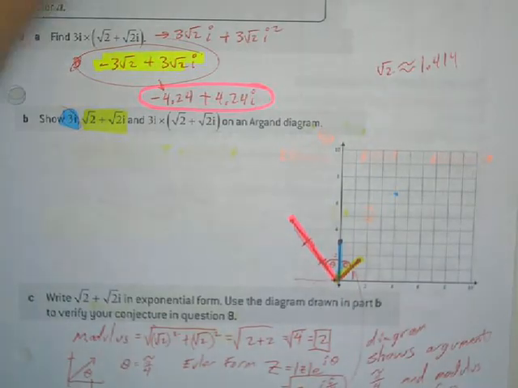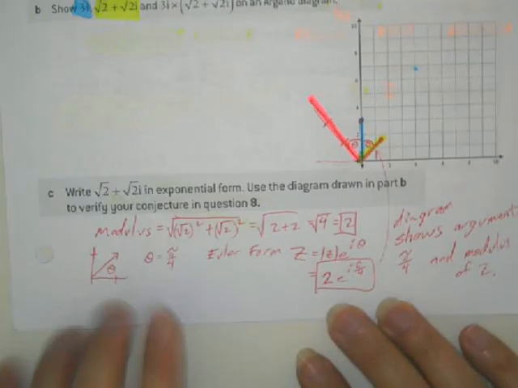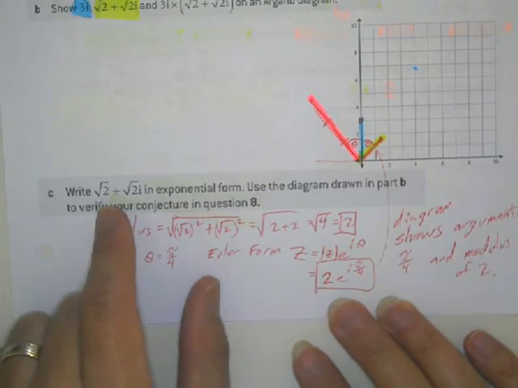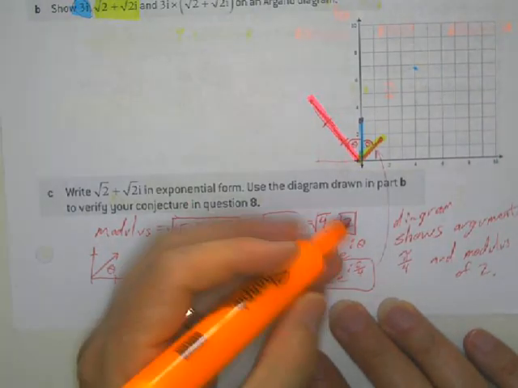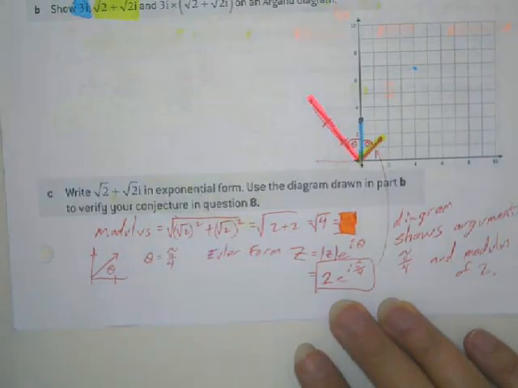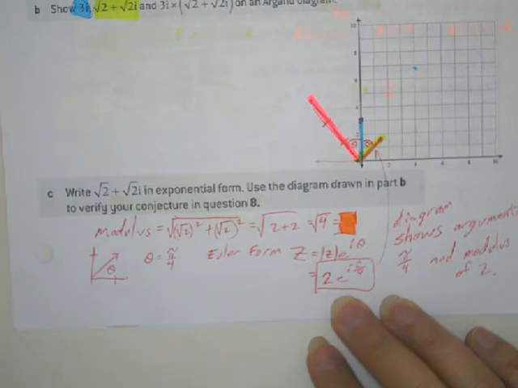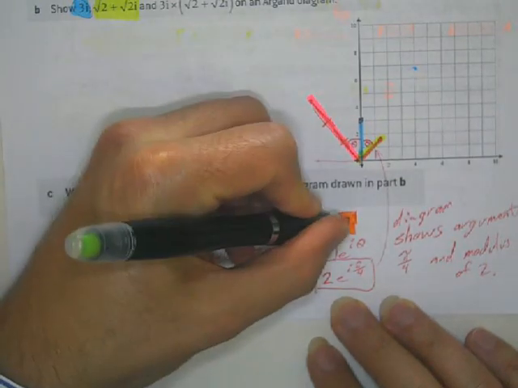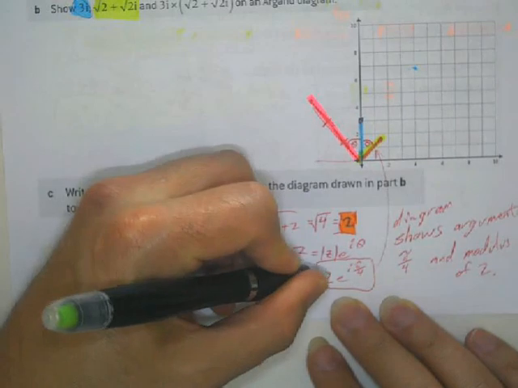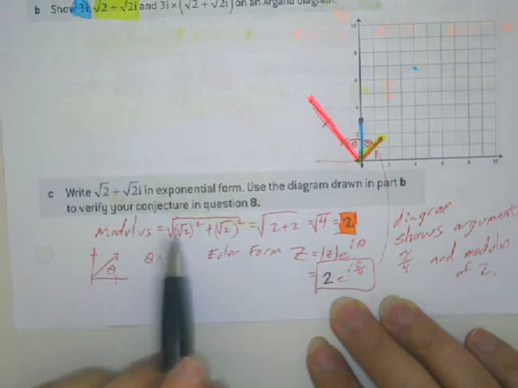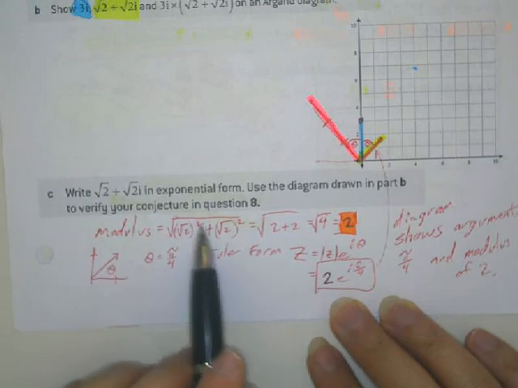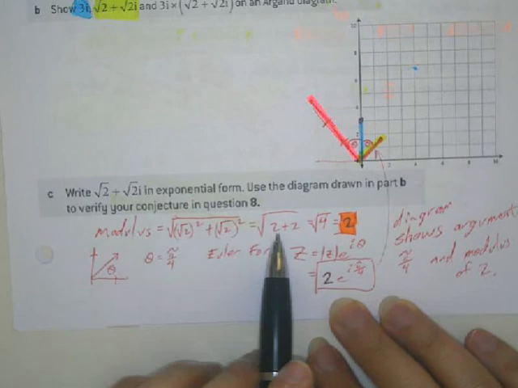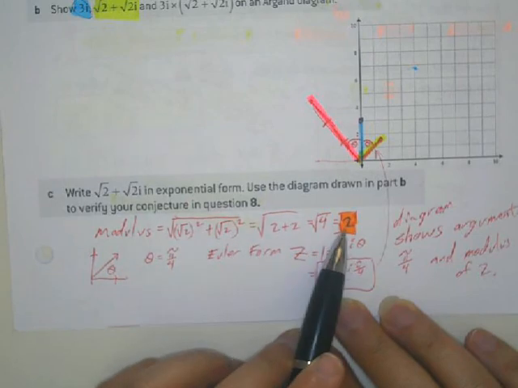Okay. Now we want to write this in exponential form. So first thing we did was find the modulus. How do we find the modulus? We know that in the x direction we're going square root of 2, in the y direction we're going square root of 2. We square that, and we square that, and we add those together. We get square root of 4, and we get 2 for our modulus.